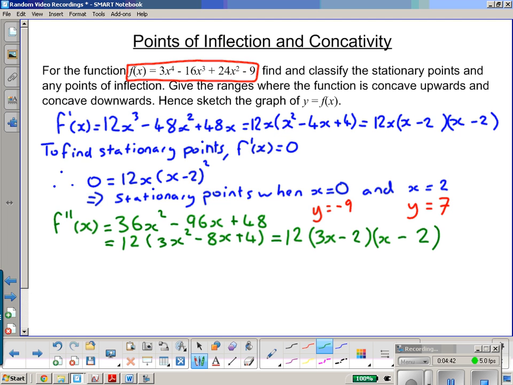Now we don't need that for the next step, but we might need that factorized form a little bit further down.